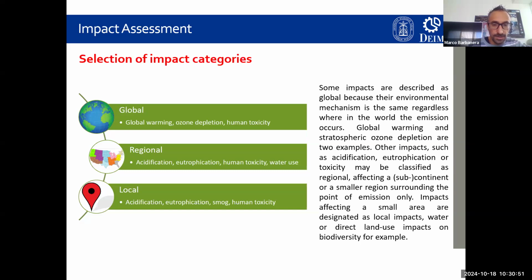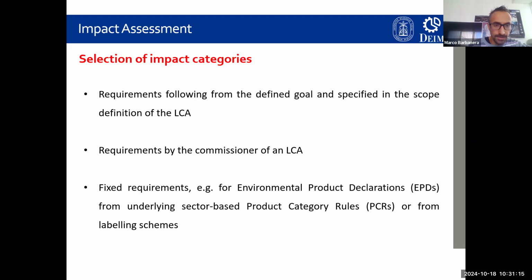We have said that the impact categories can be divided into global, regional, and local according to the sphere of influence of each impact, of each environmental impact. We have said that also the selection of the impact categories depends on the aim of the study.